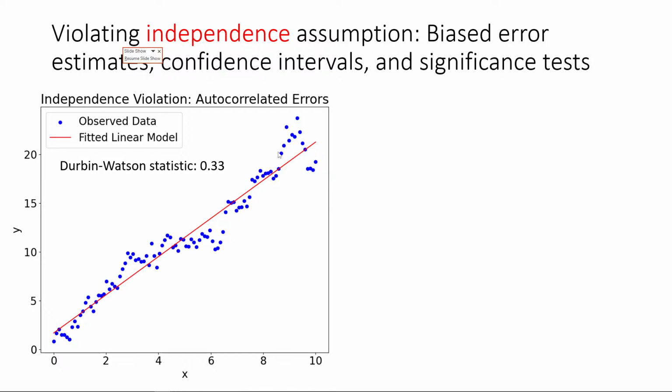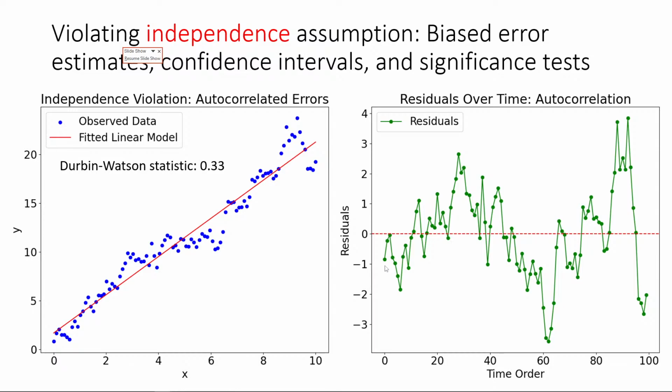So to detect autocorrelation, you can do this Durbin-Watson test, and you can even see here how your residuals are very well correlated. They don't follow a normal process, but there is some underlying structure here.